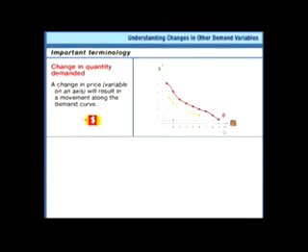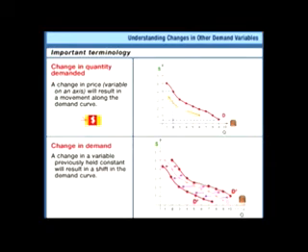If you change one of the factors, on the other hand, that we usually hold constant, we represent that change as a shift in the demand curve. We talk about an increase in income for a normal good, an increase in the price of substitutes, or a decrease in the price of complements, or an increase in expected future prices. We talk about these things leading to an increase in demand, that is, an outward shift in the demand curve.